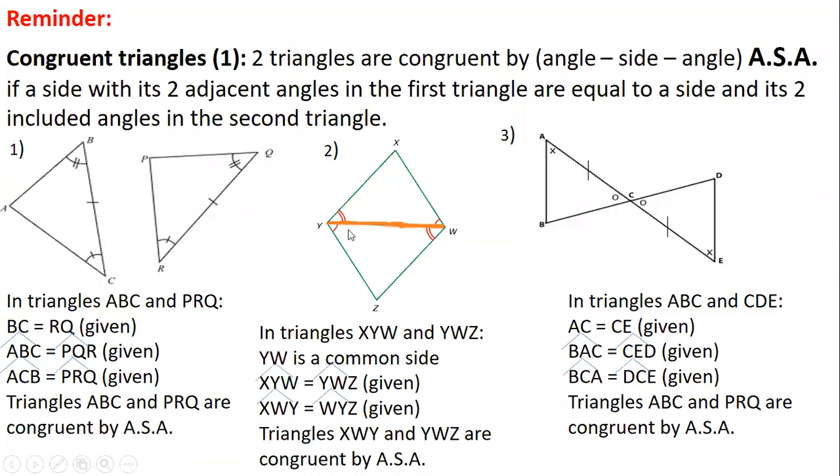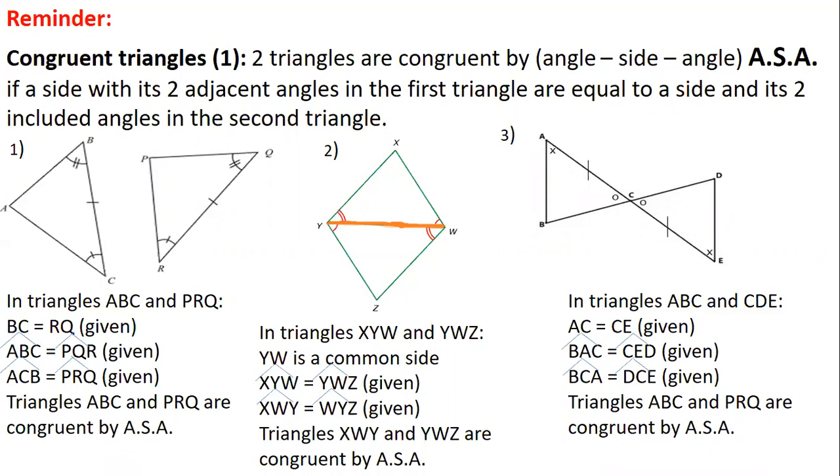What do we have first, Hassan? Do we have XY and YZ marked? Are they marked, XY and YZ? No, we cannot use them. Okay, XW and YZ, are they marked? Yes?